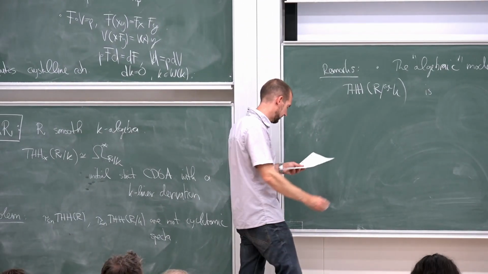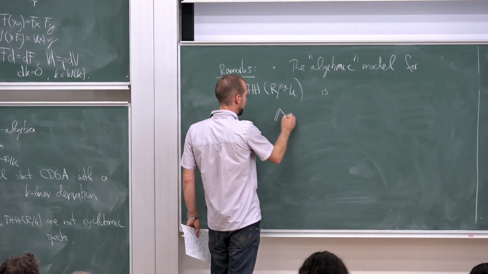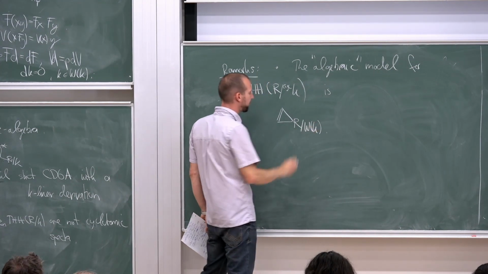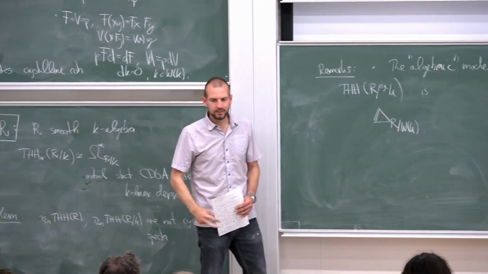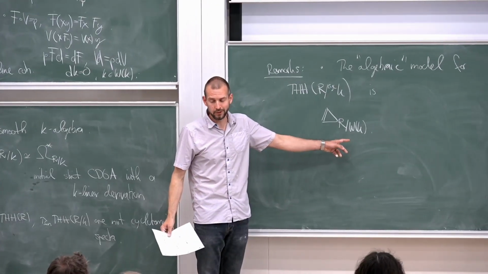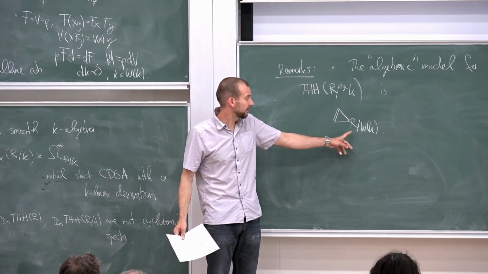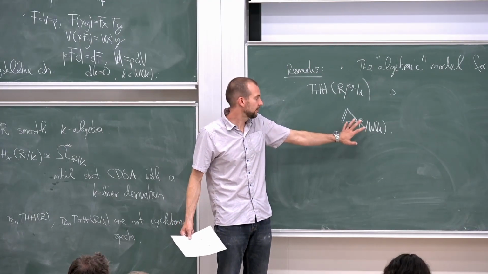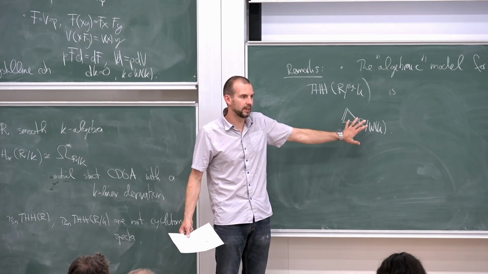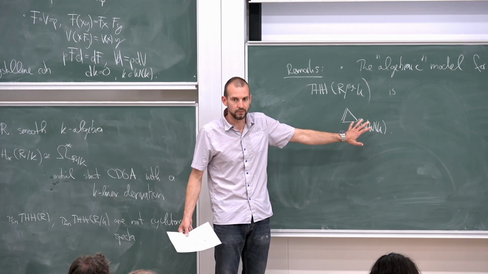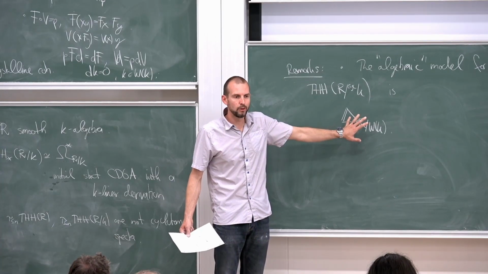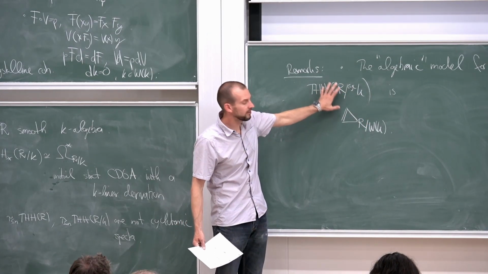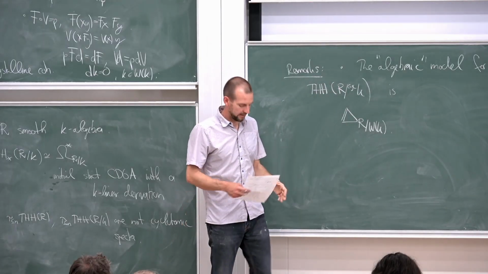The statement is that this algebraic model would be prismatic homology of R relative Witt vectors of K. If R is an algebra over K, then it's also an algebra over the Witt vectors of K. The Witt vectors of K are a delta ring. In joint work with Achim Krause and Ben Antieau, we've defined prismatic homology relative to delta rings. So this left-hand term makes sense, and the assertion is that it is the algebraic version of that.